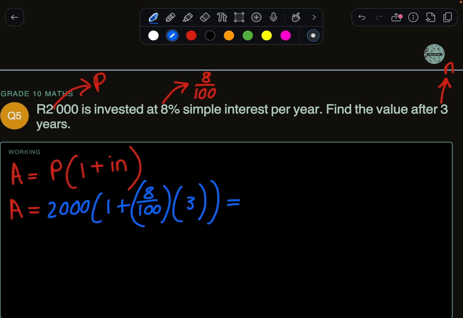Let's see what we get. 2,480 Rand. So that is your value after you invest it for 3 years at 8%.